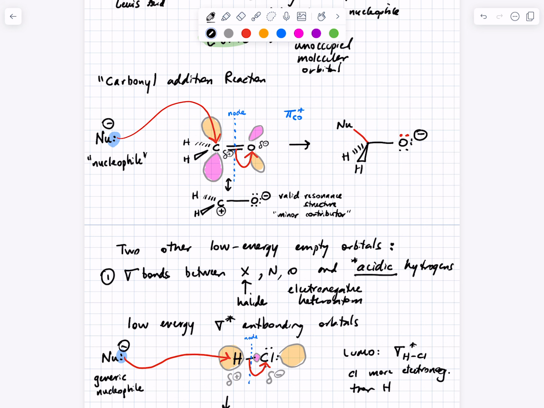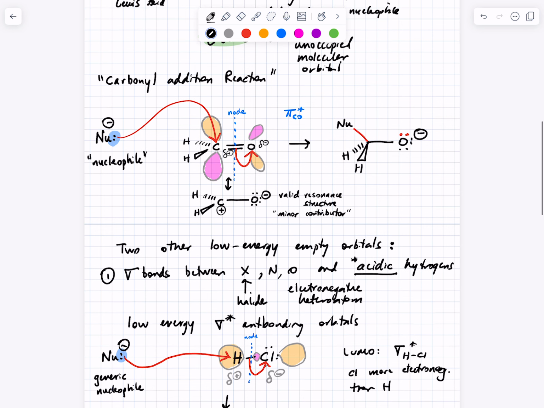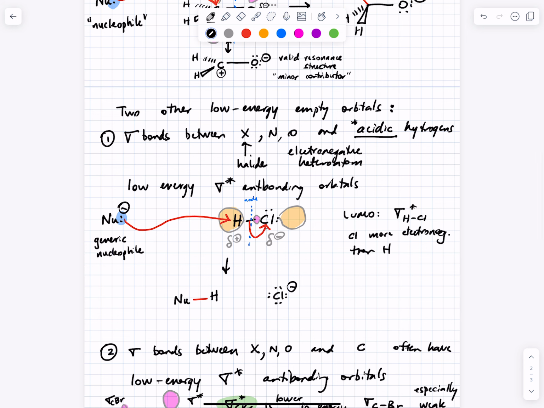We're going to do a lot of these, and there are going to be a lot of different nucleophiles and a lot of different carbonyls, but they're all going to follow that pattern. So now you understand the basic stuff that's going on in all carbonyl addition reactions. All right, second, what I've shown you here is an example of what I would call an acid-base reaction.